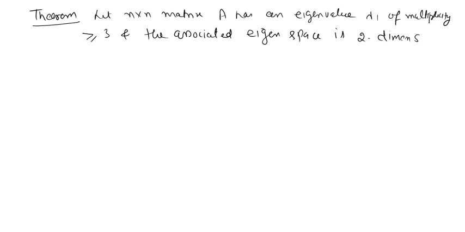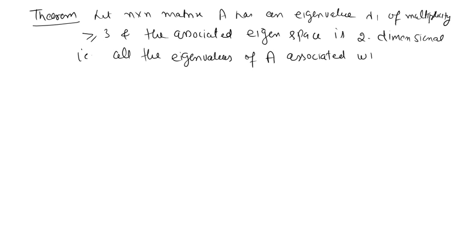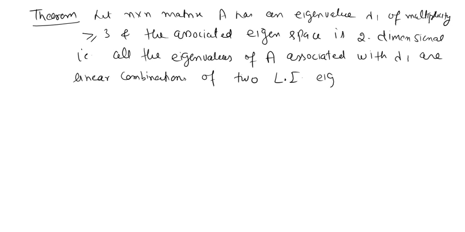That is, all the eigenvectors of A associated with lambda 1 are linear combination of two linearly independent eigenvectors, say v1 and v2.